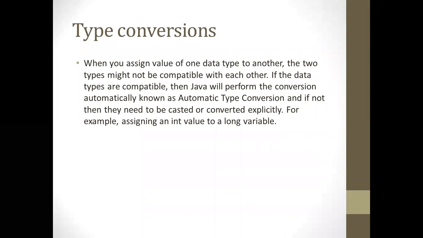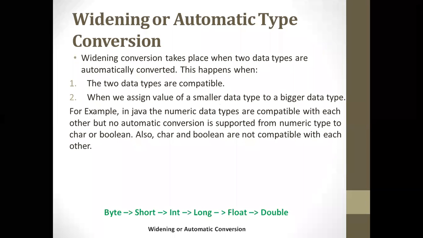So type conversions are there. I think this is very clear to you. What is type conversion? You have already done it in your previous languages also. You have widening and narrowing. Automatic conversion happens when two conditions are met: the two data types should be compatible, and we assign a value of a smaller data type to a bigger data type.